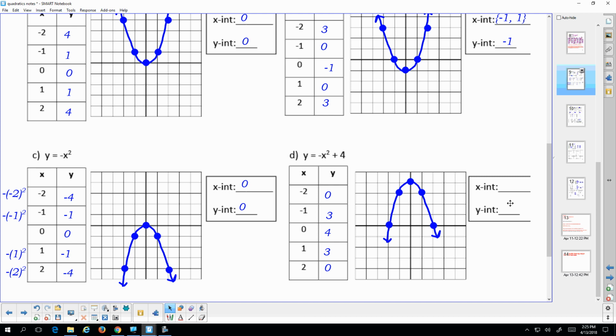Okay. And where are my x-intercepts? Where does the graph cross the x-axis? Well, it crosses in 2 places. It crosses in -2 and +2. And then where does it cross the y-axis? What's my y-intercept? My y-intercept is up here at 4. Okay.